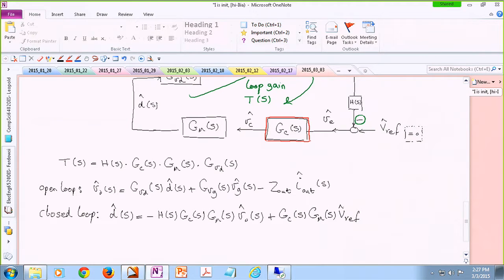Wherever I have D as the perturbations in duty cycle in the top equation, I will replace it with the bottom equation.